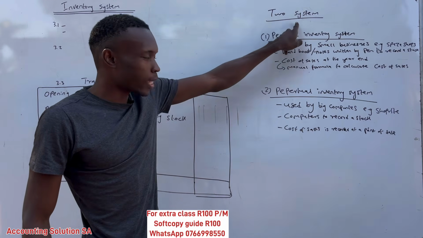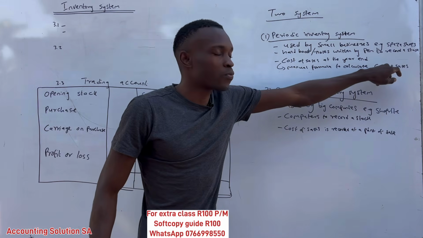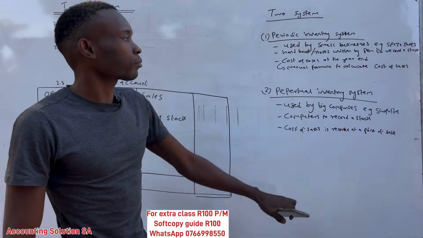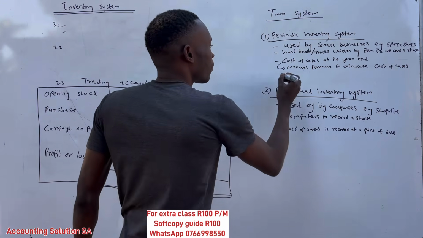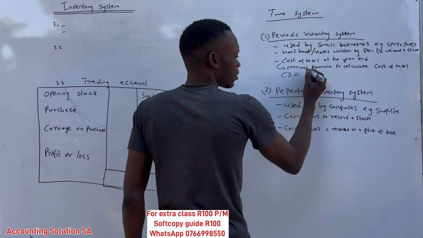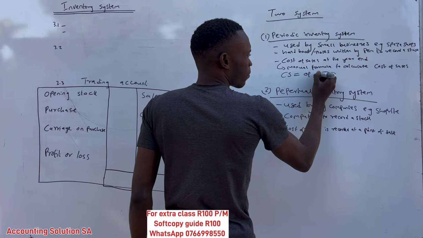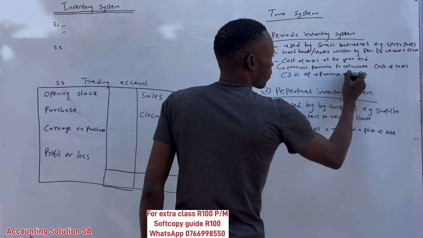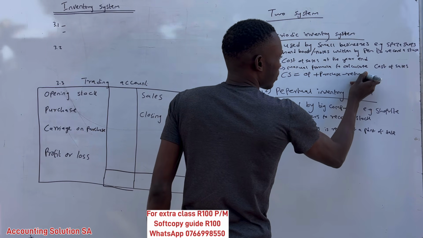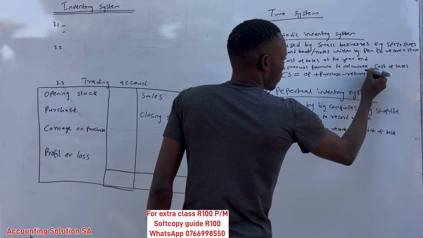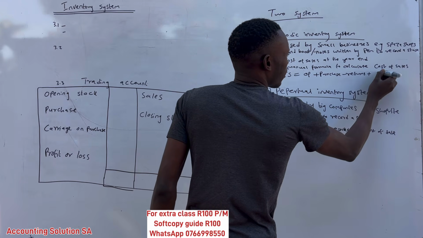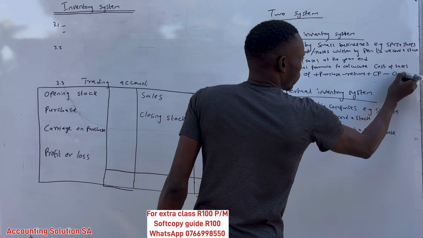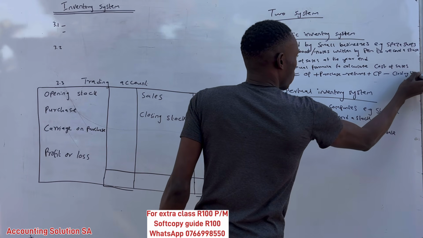But with periodic, expect some calculation of cost of sales, because you are going to use a formula. The formula of cost of sales says: opening stock plus purchases minus returns. You can add carriage on purchases, then less closing stock.